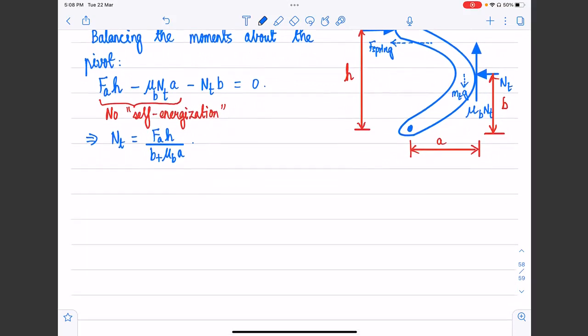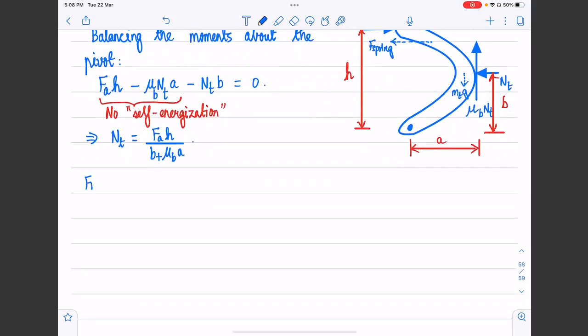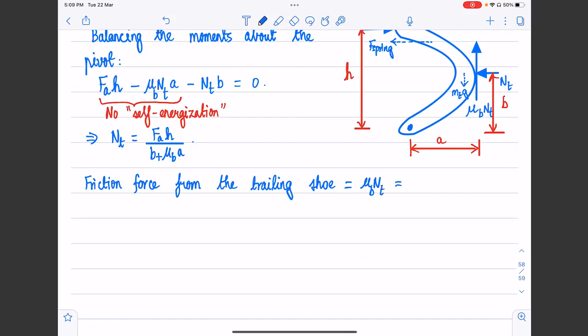Consequently, the friction force from the trailing shoe is going to be mu B times NT, mu B being the brake lining coefficient. So this is going to be mu B FAH divided by B plus mu BA. That's what we have as the friction force from the trailing shoe.